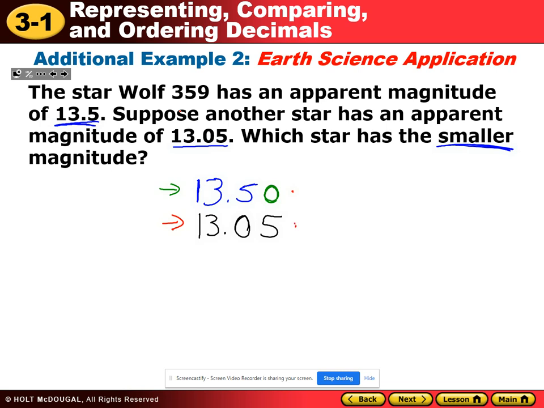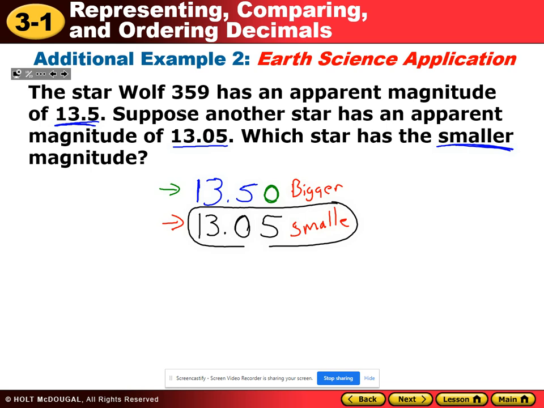We see that 1,350 is bigger, and we see that 1,305 is smaller. So we decide to circle 1,305 or 13 and 5 hundredths. That is the smaller of the two.